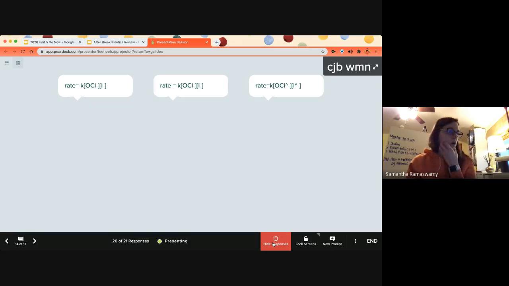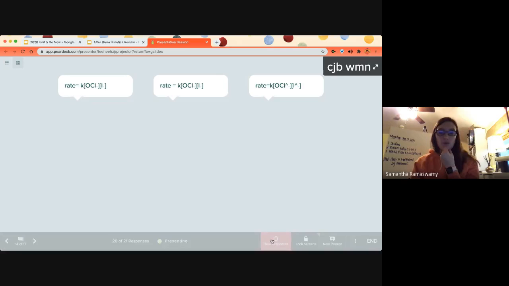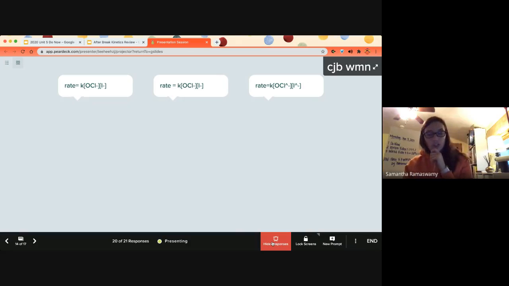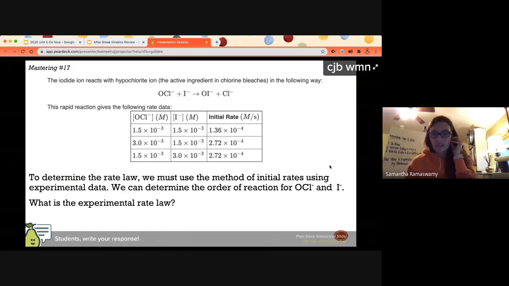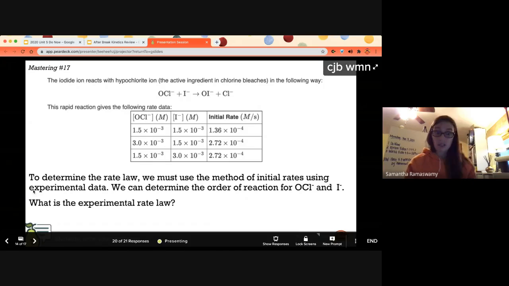They're both first order, because as the concentration doubles, the rate also doubles. This is what is called the method of initial rates, determining the order of each reactant experimentally.